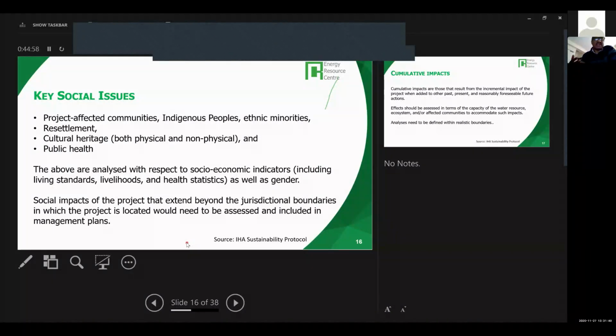Public health is an issue that you have to look at from a social perspective. The above are analyzed with respect to socioeconomic indicators, including living standards, livelihood, health statistics, as well as gender. Again, these impacts also extend beyond the jurisdictional boundaries of the project, and you have to assess beyond that.